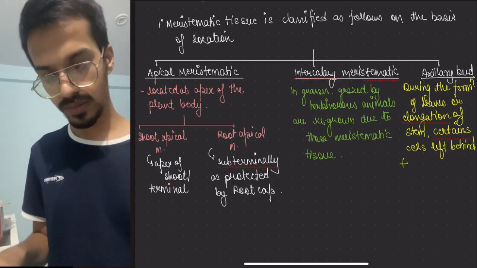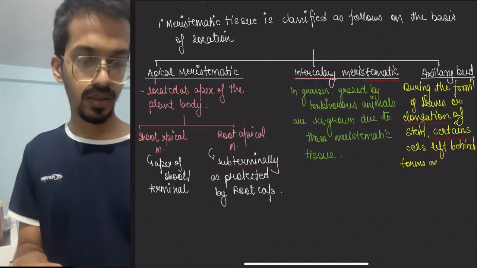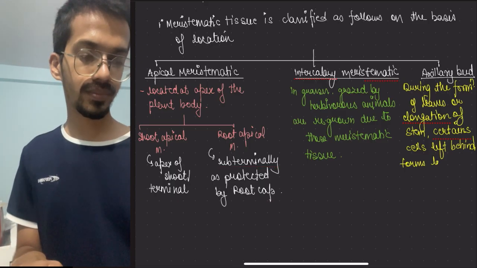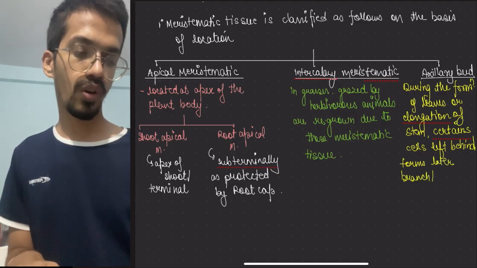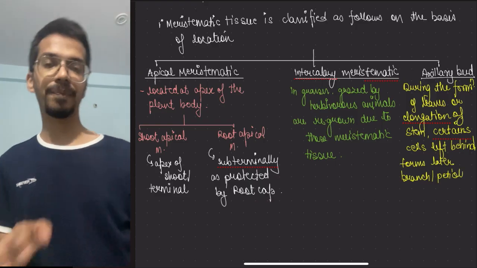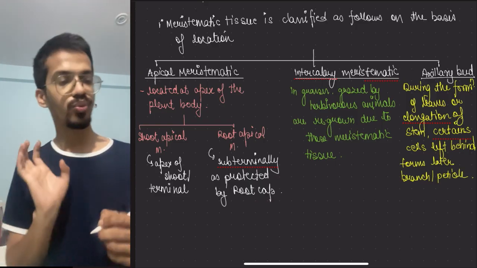These later form a branch, petiole of a leaf, or other thing, or the flower. Okay, so these are the three things which you will be having.